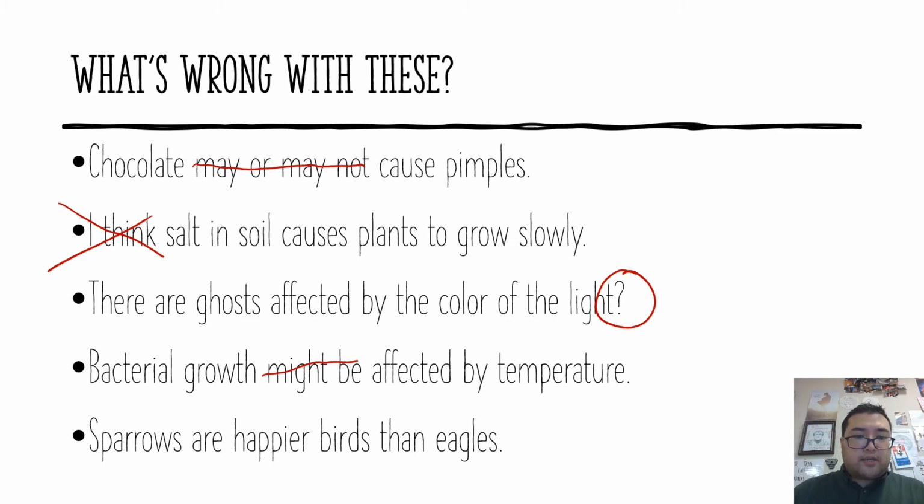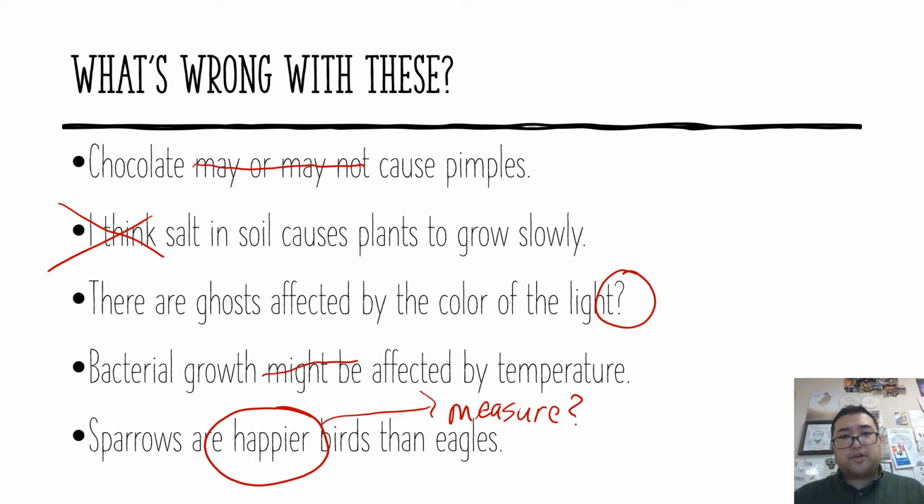And then last but not least, sparrows are happier birds than eagles. So happier is the incorrect portion of the hypothesis. Can we measure happiness? And I'll say no. You cannot measure happiness in birds.